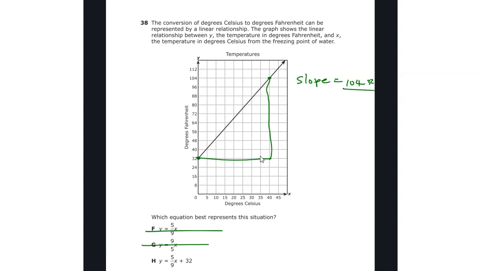And then your run is 0 to 40. So this is 72 over 40, which is 9 over 5. So y equal to 9 over 5x plus 32.